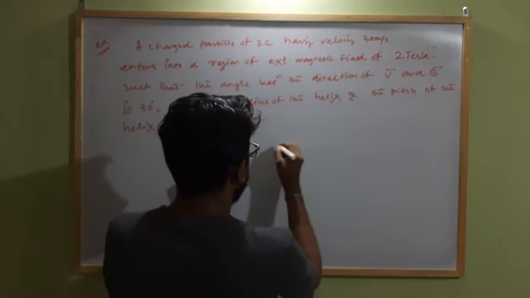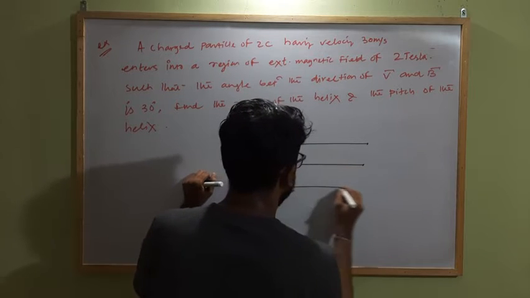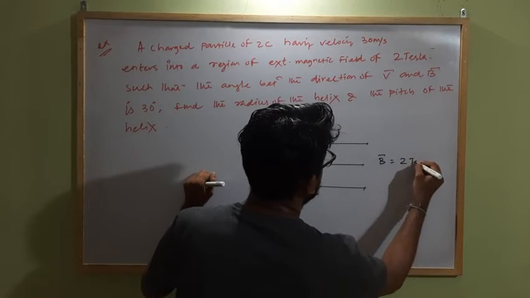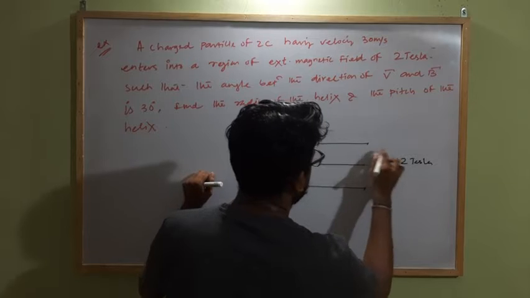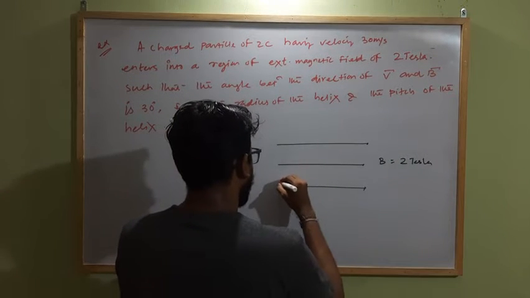So according to the question, if this is the direction of external magnetic field B vector, which is equal to 2 Tesla, then the charged particle enters into it like this.